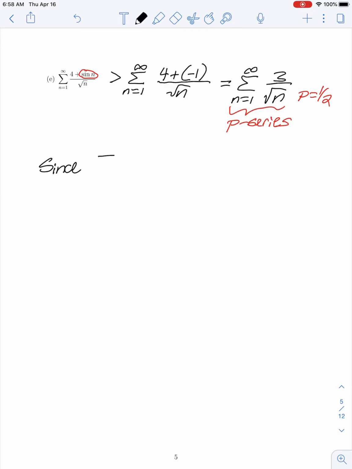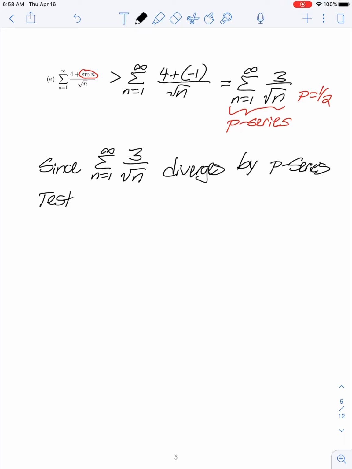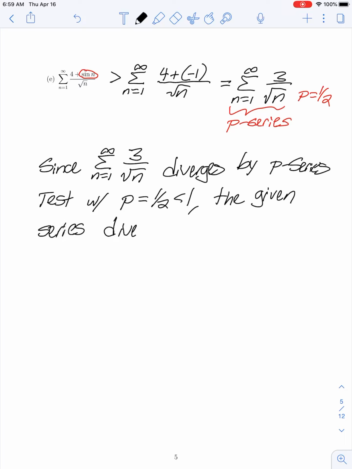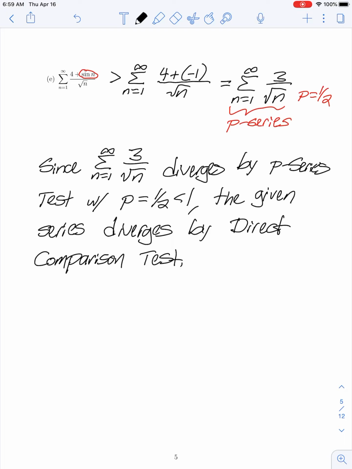So here we would say, since the sum from 1 to infinity of 3 over the square root of n diverges by the p-series test with a value of p being 1/2, which is less than 1, then the given series also diverges by the direct comparison test. So here we would have that our series is diverging.